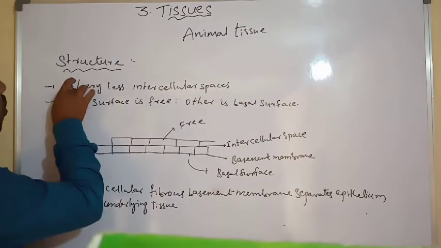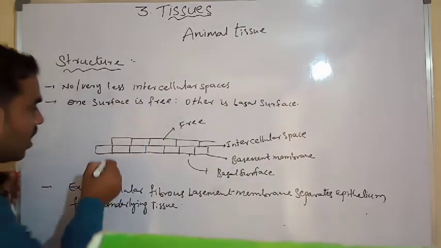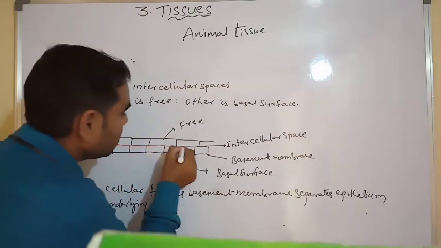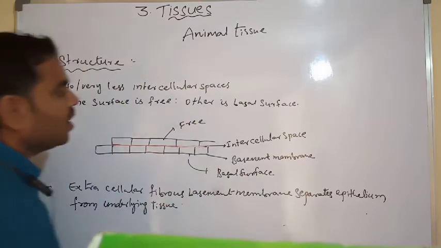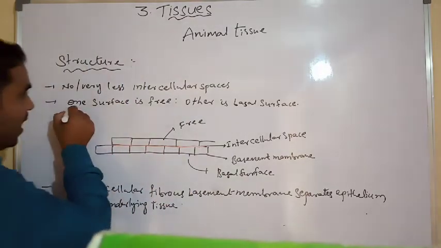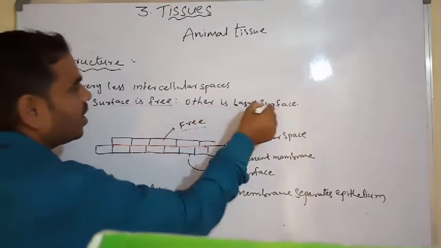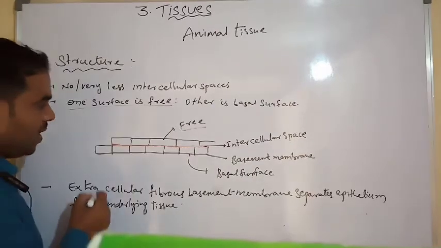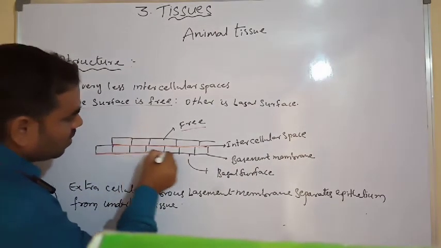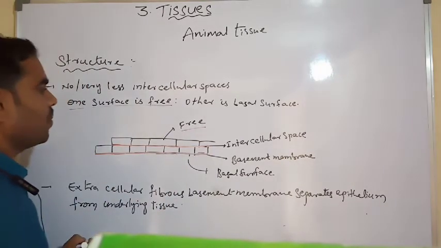See, no or very little intercellular space. This intercellular space is very little or none. On one side the surface is free, this is the free surface, and the other is the basal surface. This one is the basal surface.